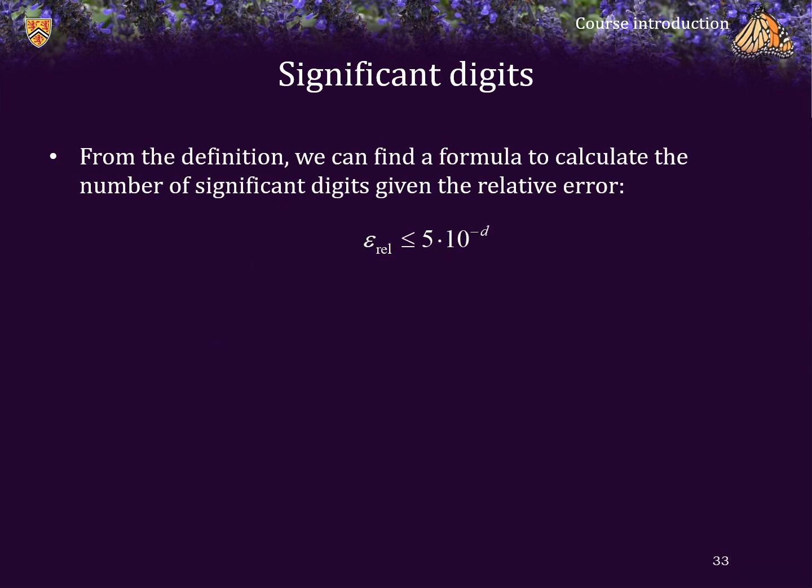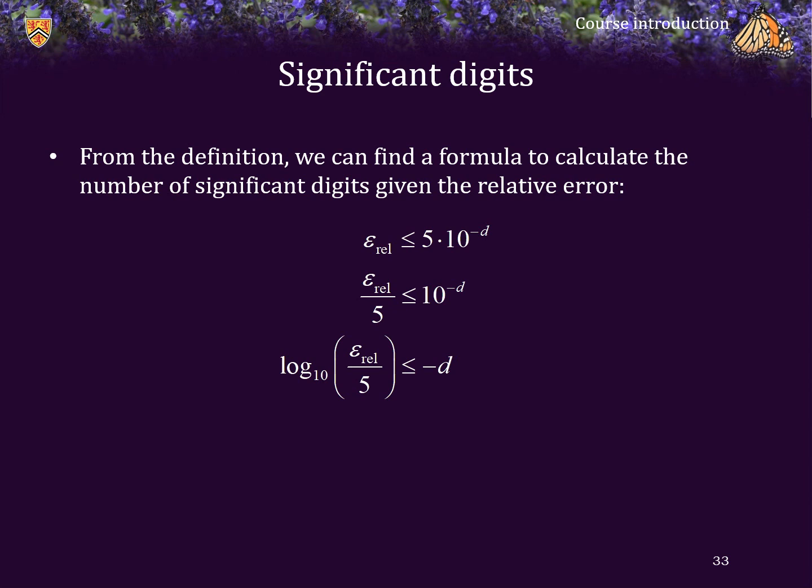Now note, from the definition, we can find a formula to calculate the number of significant digits given the relative error. So if we have the relative error, and this must be less than or equal to 5 times 10 to the negative d, if we want to find d, well, let's divide both sides by 5, which is positive. We can now take the common logarithm of both sides, log base 10.